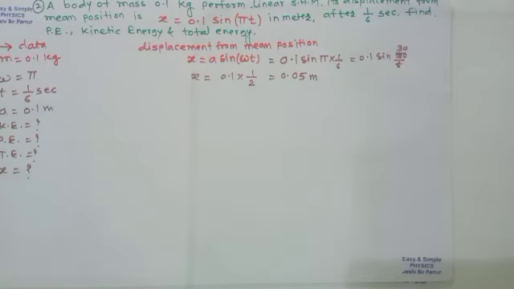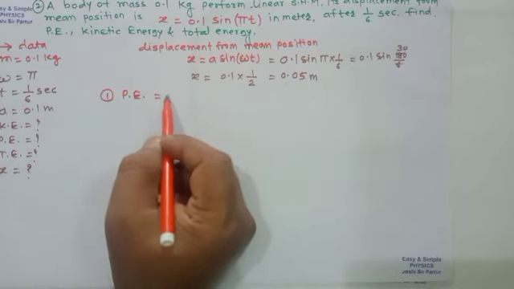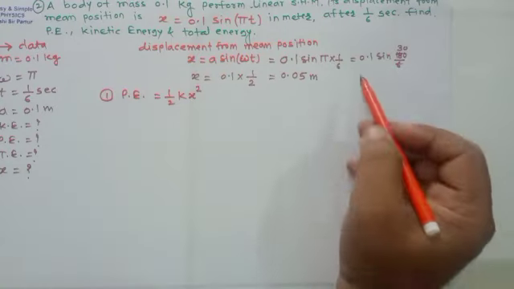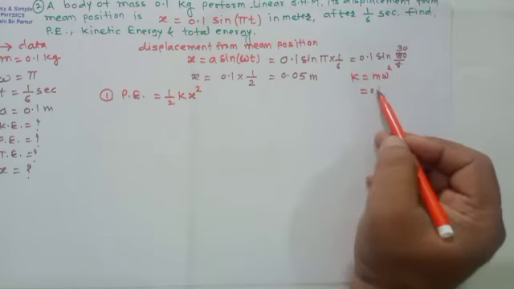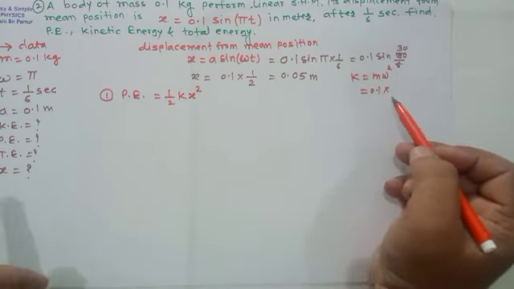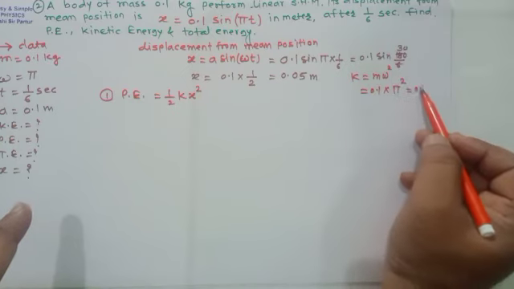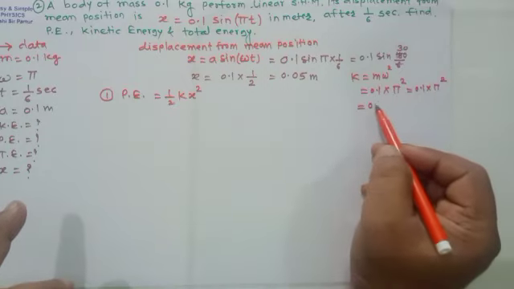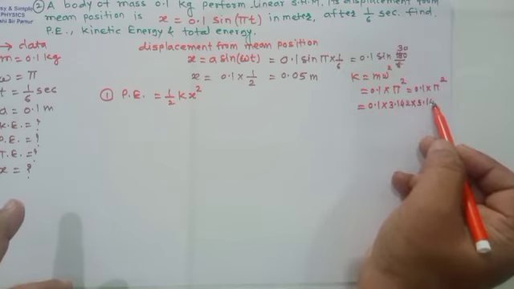If we substitute the values, potential energy is equal to half k x square. So first we want to find k equal to m omega square. m is 0.1 multiplied by omega square, which is pi square. It will be 0.1 into pi square, so it is 0.1 into 3.142 into 3.142.